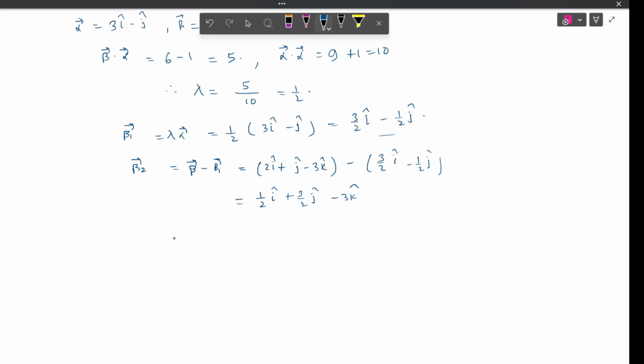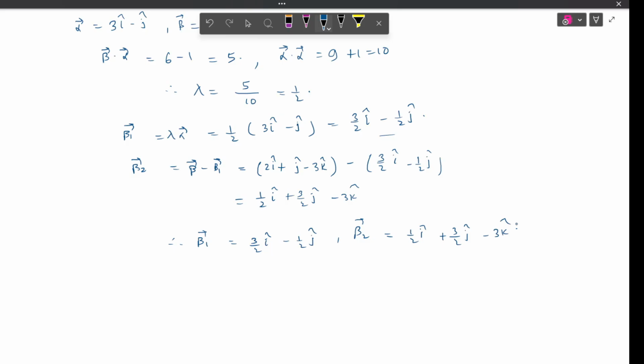So hence we have found out everything. Beta 1 is 3 by 2 i cap minus half j cap, and beta 2 is half i cap plus 3 by 2 j cap minus 3 k cap.